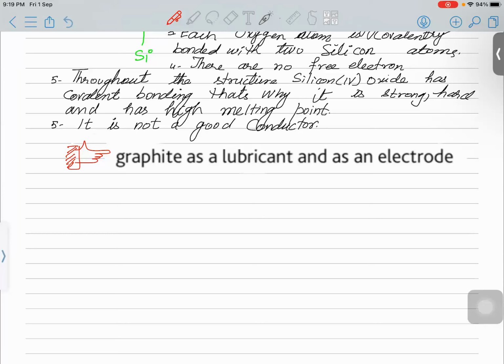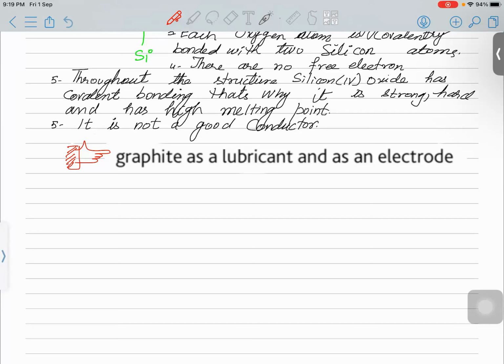Sir, it is because it is slippery. As the force of attraction between each layer is weak, as it has van der Waals forces. Exactly, because they have weak van der Waals forces, the graphite layers can slide over each other.